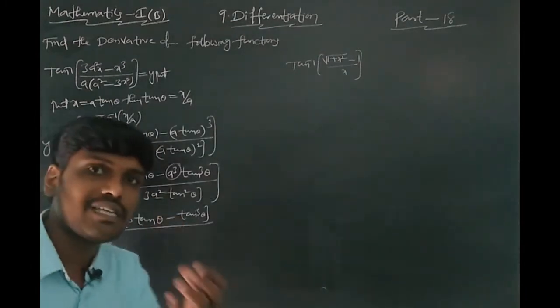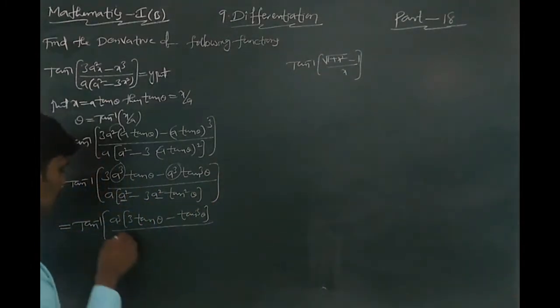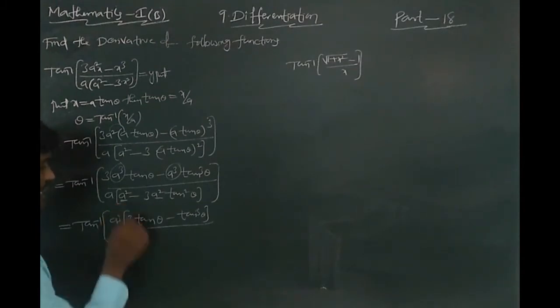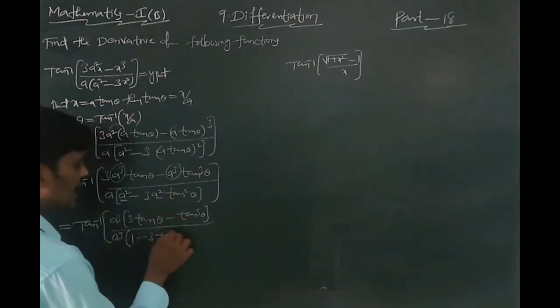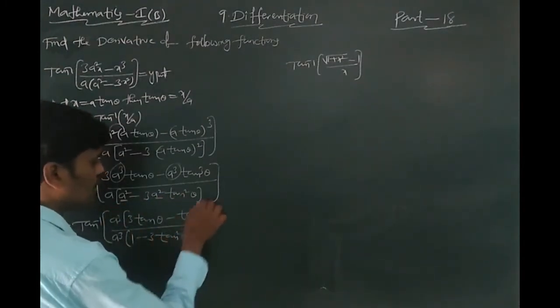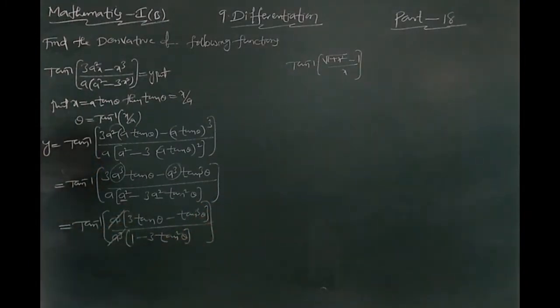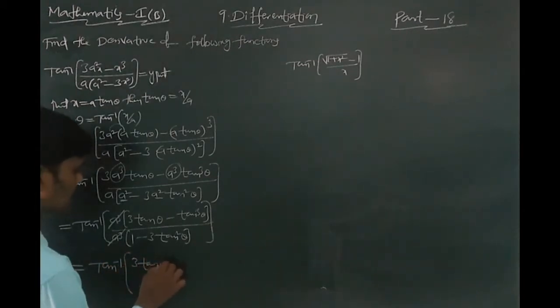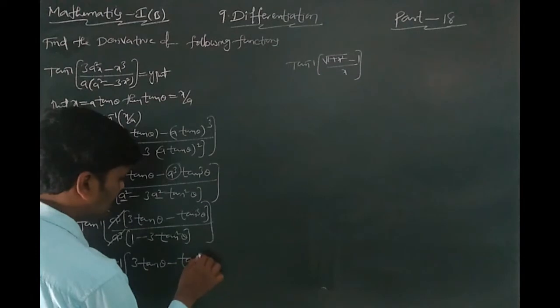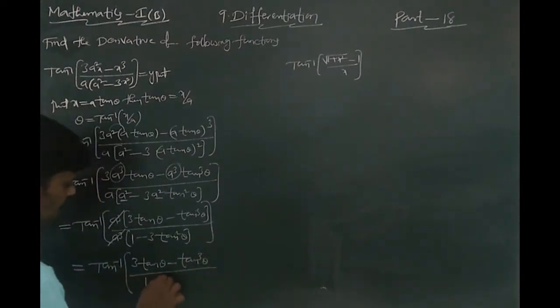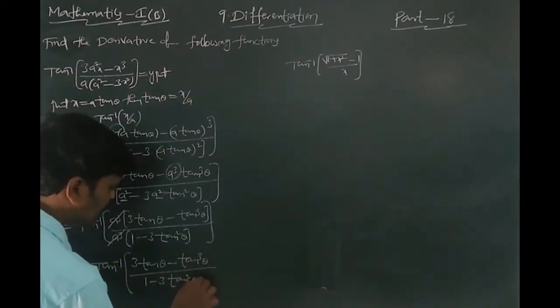Here a is in front, a square into a is also a cube, into a square common, 1 minus 3 tan square theta. After that a cube gets cancelled, remaining tan inverse of 3 tan theta minus tan cube theta by 1 minus 3 tan square theta.